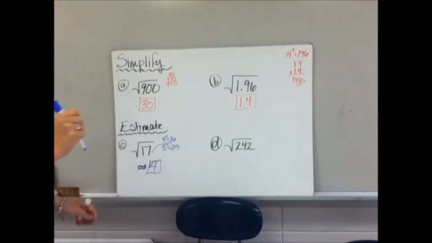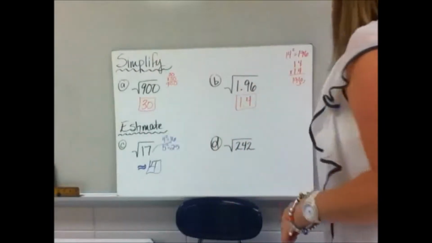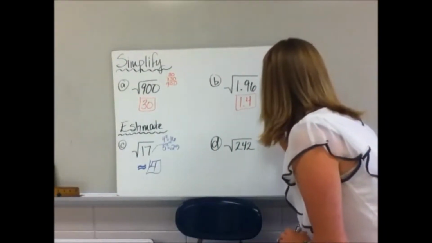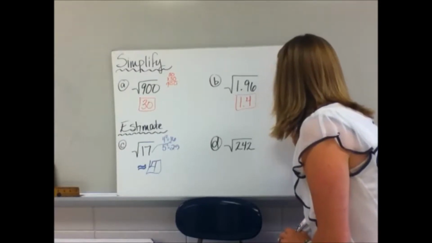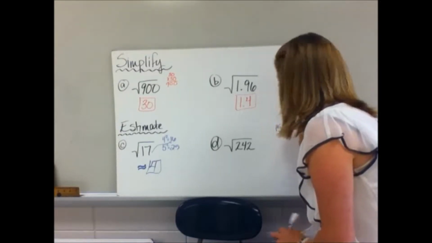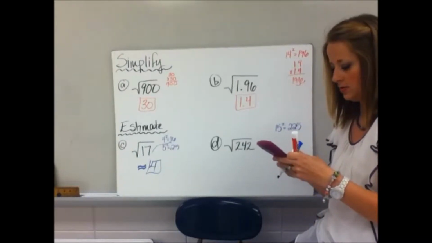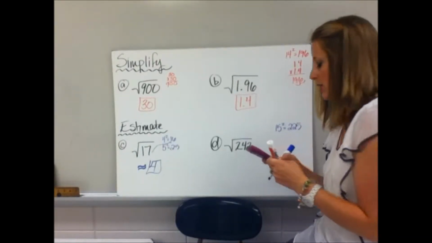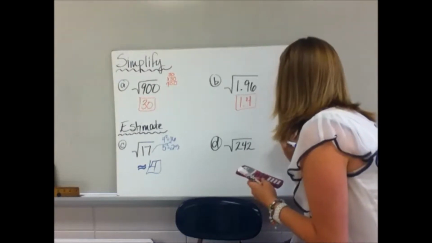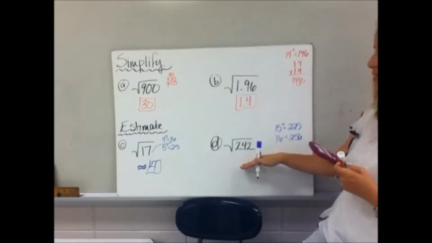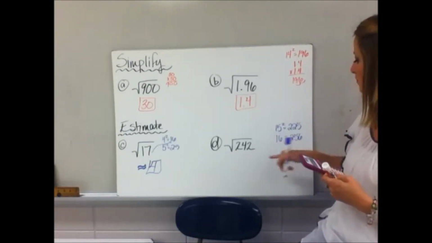Coming over here to the square root of 242. Thinking about some perfect squares here. We know that 15 squared is 225. Let me see what 16 squared is. It is 256. So I have to decide which of these is 242 closest to.